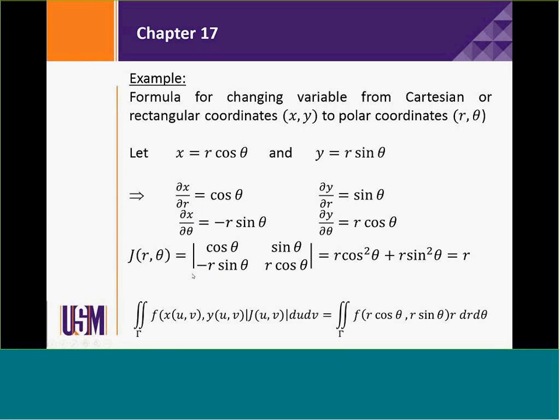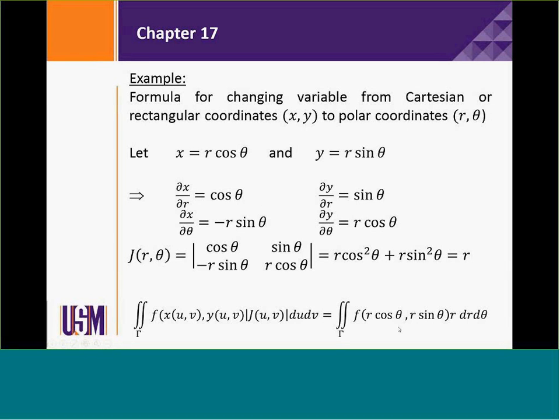For the determinant, cos theta multiplied by r cos theta, we get r cos square theta, minus this multiplied with this, because of the negative you get plus r sine square theta. And from the trigonometric identities, we know that cos square theta plus sine square theta equals 1. So you are left with only r.